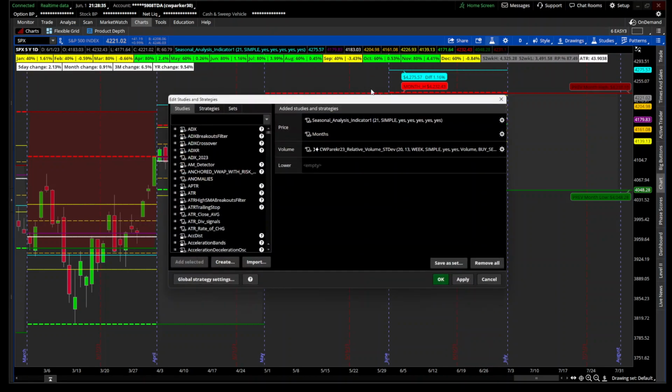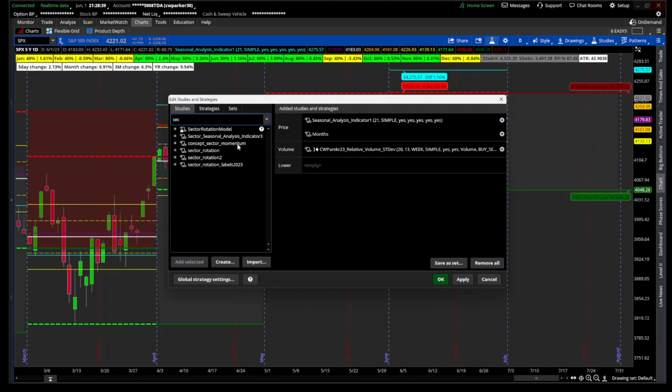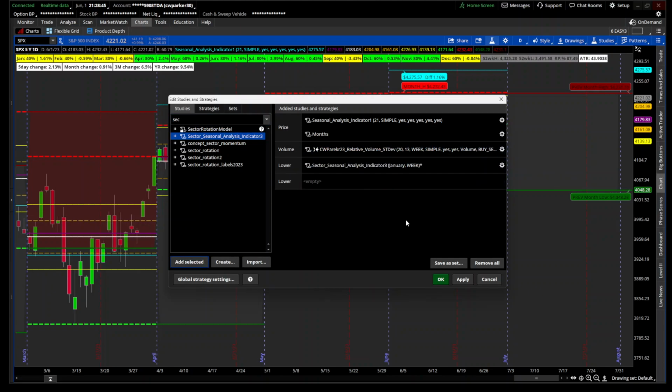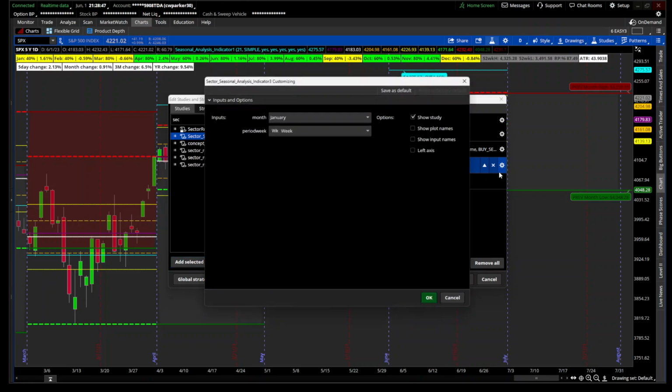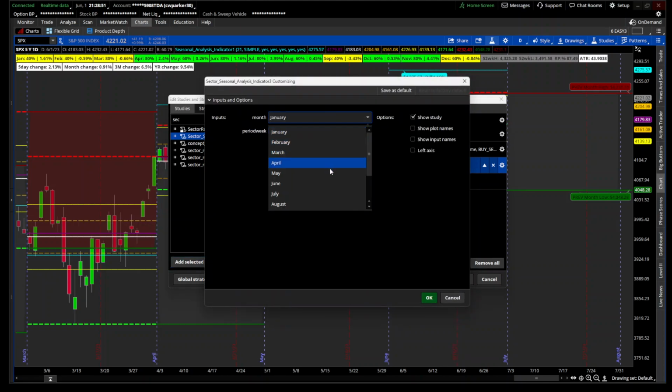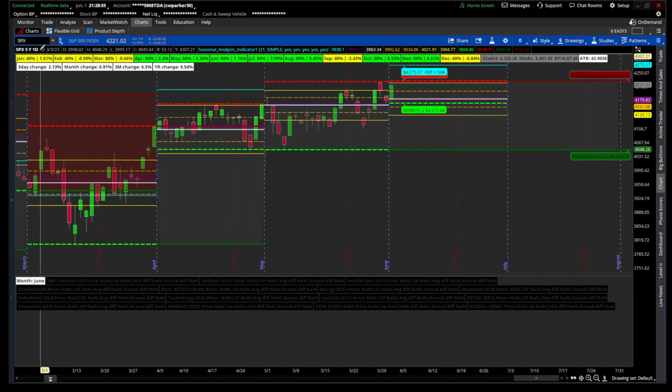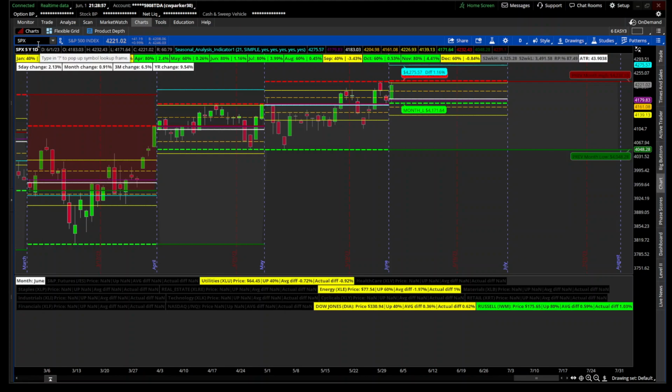So the other thing that I was inspired to do was the sector seasonal analysis. The sector seasonal analysis works the same, except you can come in here and actually select the month. So we're going to select June.